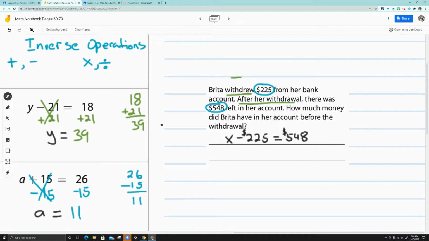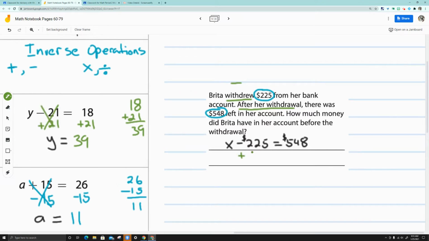So let's solve for X and see if we can figure out how much money she had in her account before she withdrew $225. I see subtraction as the operation. We're going to add then to both sides to get X by itself. The inverse operation of subtraction is addition. So add $225 to both sides.